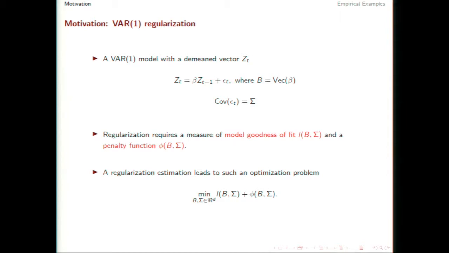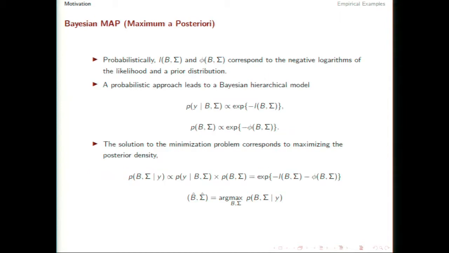And the phi(B, Sigma) for the penalty is the prior distribution on the Bayesian side. If we view the L function and the phi function as a hierarchical Bayesian model, then minimizing the penalized least squares or the penalized negative log likelihood is the same as maximizing the posterior density. So the MAP estimator is the maximum of the posterior.